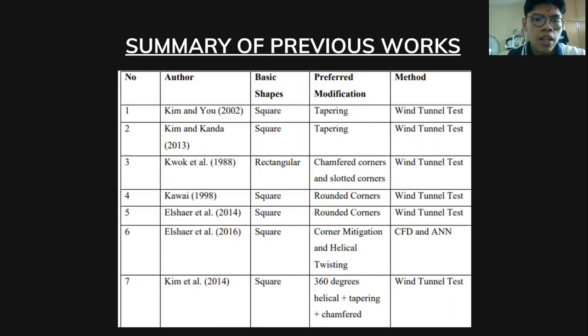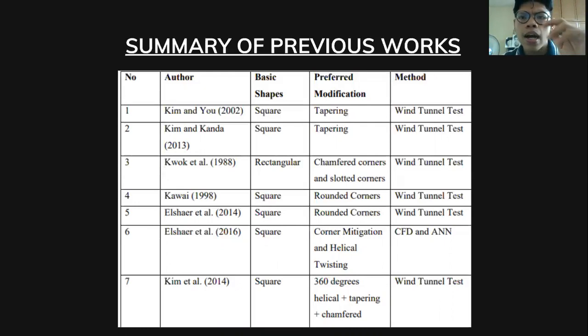These two are the most popular shapes between these sets of authors, and they implement so many modifications on them. For example, Kim and Yu in 2002 made a tapering modification on their basic shape.